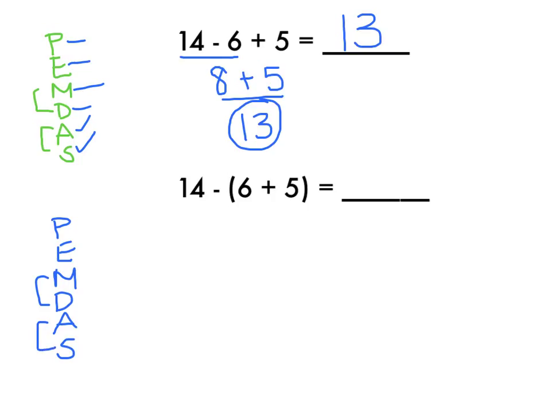And I'm going to start this time with parentheses because I see that there are parentheses or grouping symbols. So I'm going to start with 6 plus 5, and I'm going to get 11. And now I have the problem 14 minus 11. There were no exponents, no multiplication, no division, there's no more addition, so I'm down to subtraction. 14 minus 11 is 3.